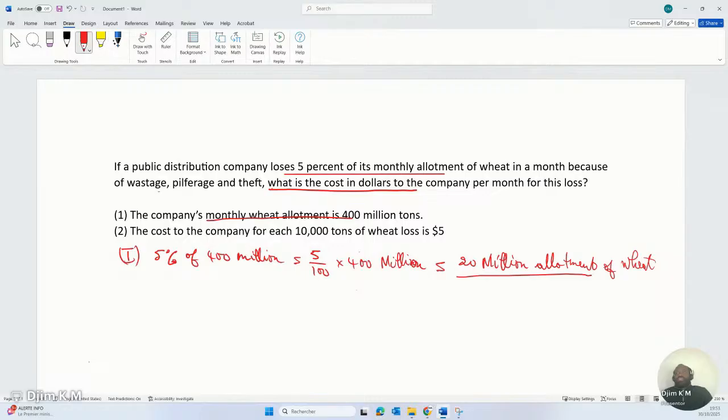So this is not sufficient, because we have 20 million tons representing the loss in a month, but how can we determine the amount in dollars that it represents? So it is insufficient.